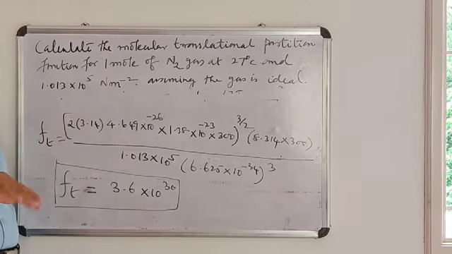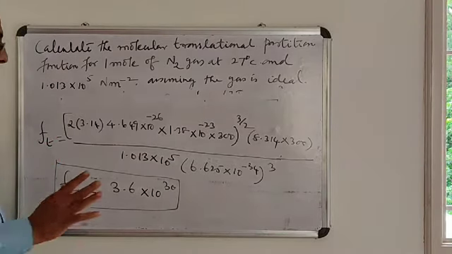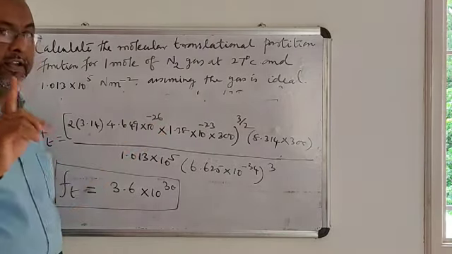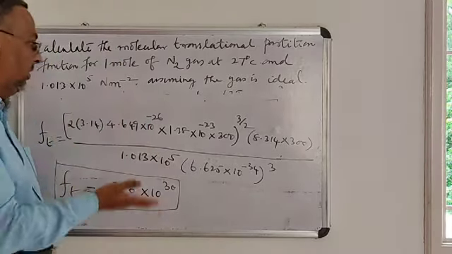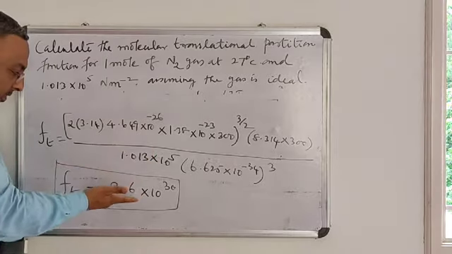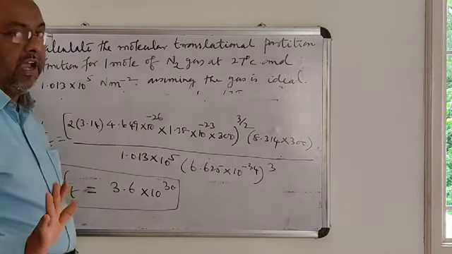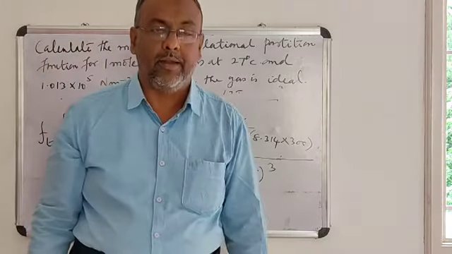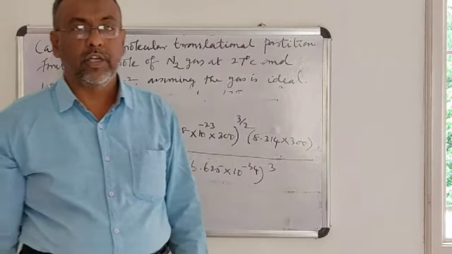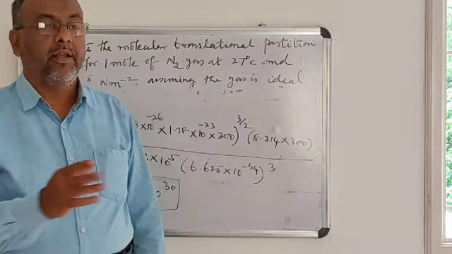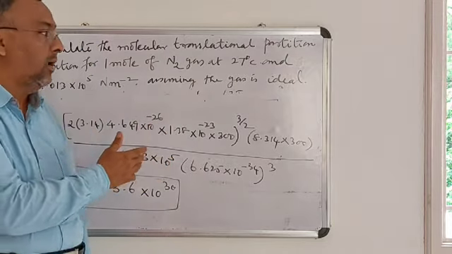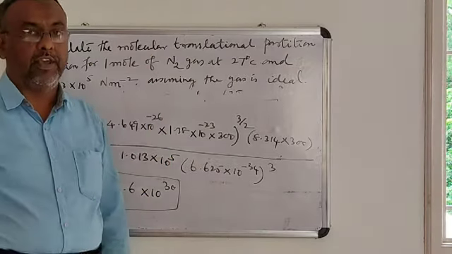First you have to solve the units, put the units and finally the unit will become per mole. Then substitute the values, solve the problem, you will get the value of translational partition function. So this is so much about translational partition function, and how to calculate it when the problem is given.